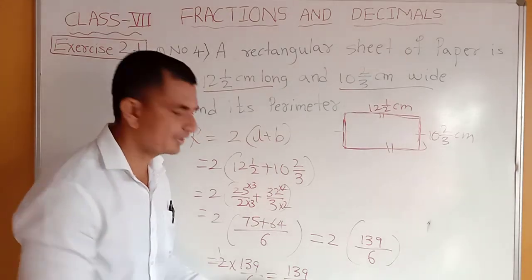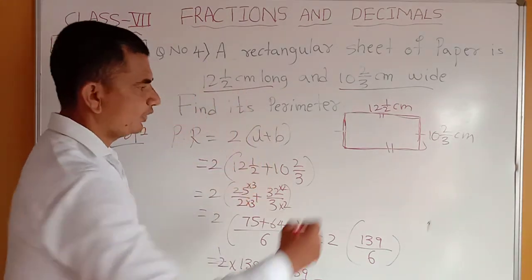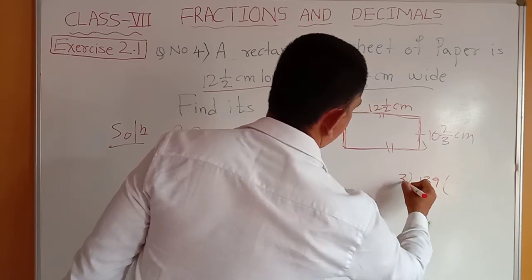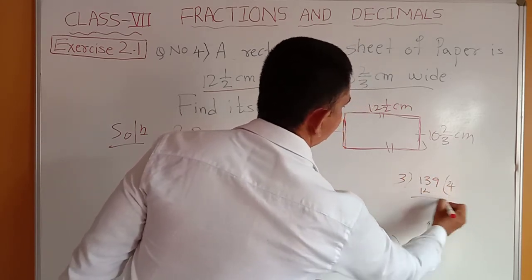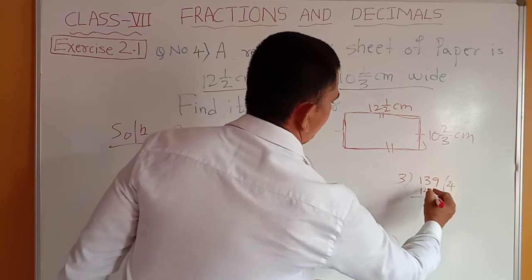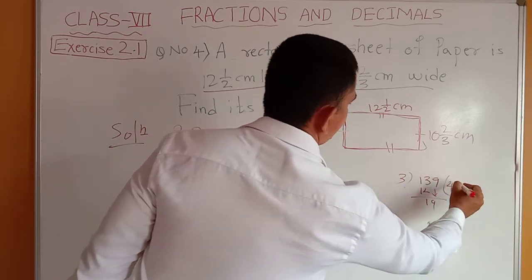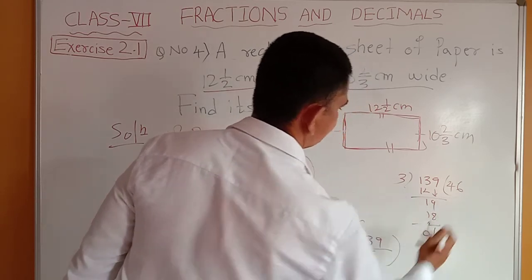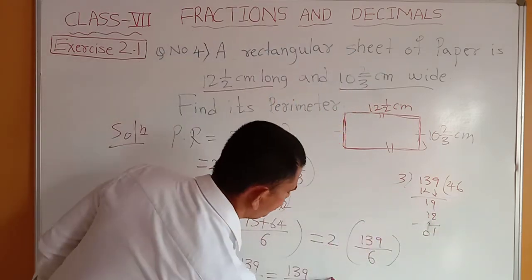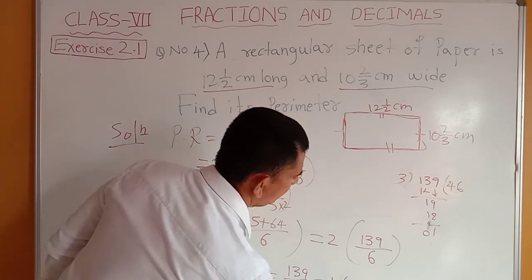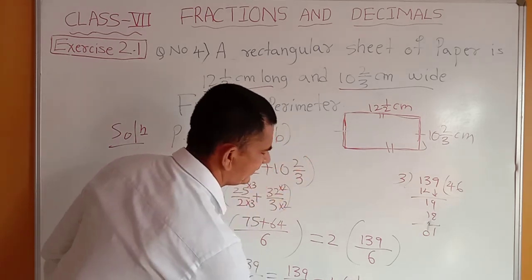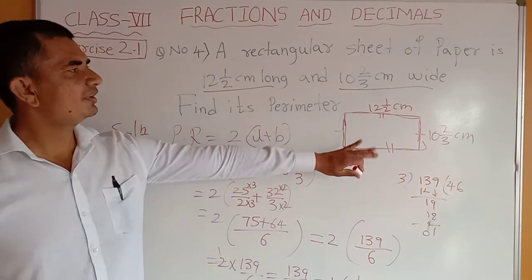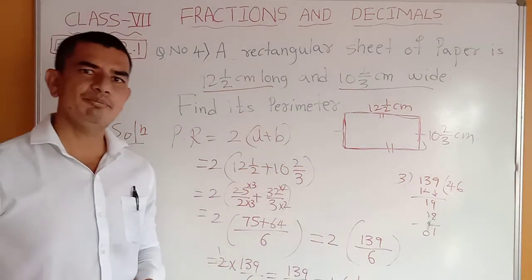We have to write this as a mixed fraction. 139 by 3. 3 fours are 12, take down 9. 3 sixes are 18. So the remainder is 1. The answer is 46 integer 1 by 3. This is the perimeter of this rectangular sheet of paper.